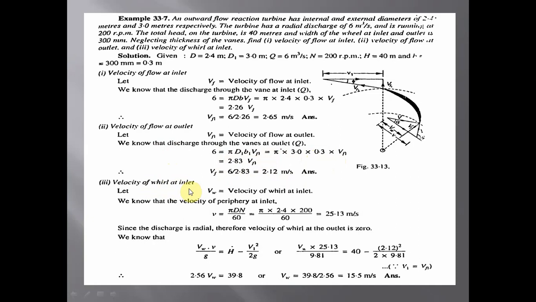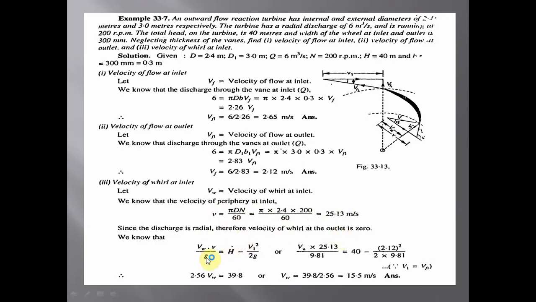Third one, velocity of whirl at inlet. Vw is the velocity of whirl at inlet. Okay. So we know that velocity of the wheel at inlet is u = pi D N divided by 60, pi into 2.4 into 200 divided by 60, that is 25.13 meters per second. Since the discharge is radial, therefore velocity of whirl at outlet is 0.